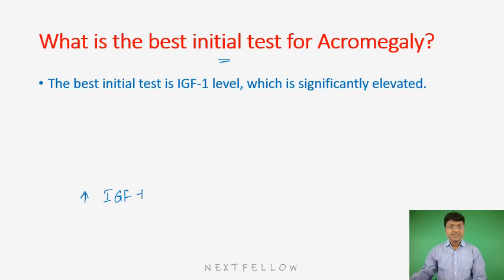So IGF-1 is nothing but your somatomedin. And where is this somatomedin released from? This somatomedin is released from the liver. So growth hormone will go and act on the liver, and the liver will produce somatomedin, and somatomedin is the one which will show the physiological actions of your growth hormone. So in acromegaly, there is increased growth hormone and there will be increased somatomedin levels. But what is the confirmatory test for acromegaly?